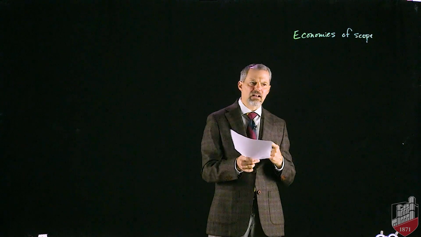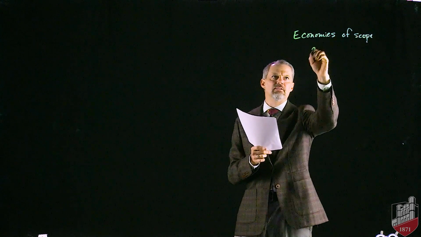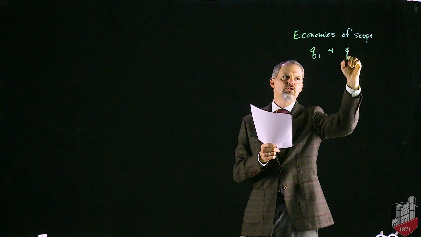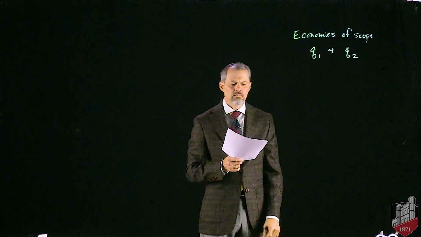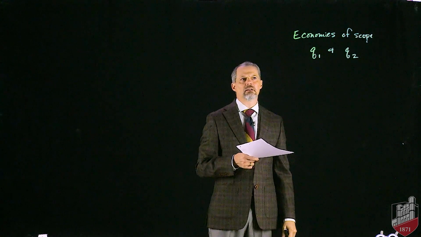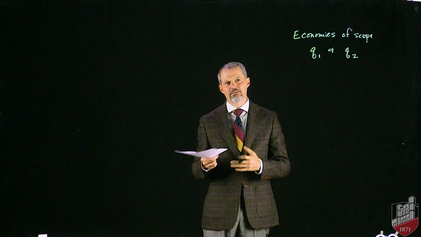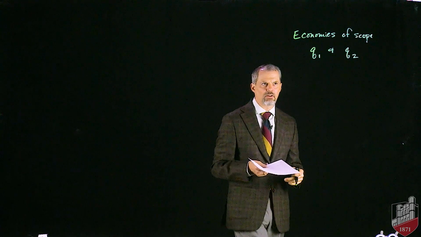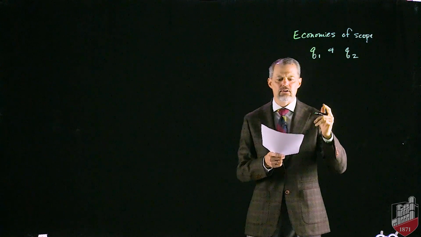So if we think about a firm that produces two goods, maybe Q1 and Q2, then we can generalize the cost function to account for now the fact that there's an additional output.